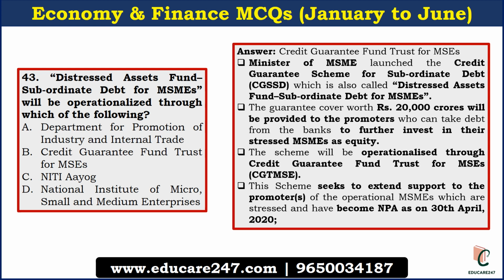They can take the debt from the bank and further they will invest the amount in the stressed MSME as equity. The scheme will be operationalized through Credit Guarantee Fund Trust for MSME. This scheme seeks to extend support to promoters of operational MSMEs which have become stressed and have NPA as on 30th April 2020. So remember all these important points. Anything can be asked in your examination.